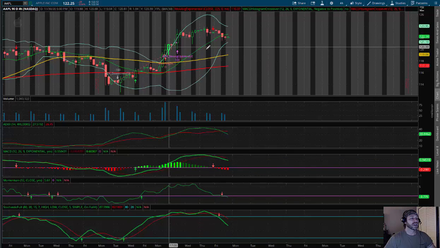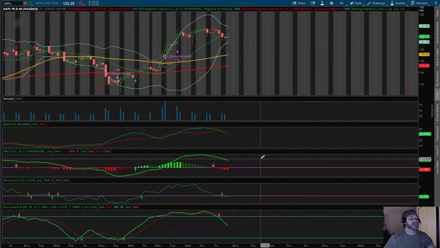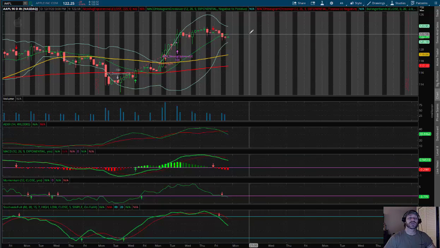It can go as low as this 50, and then we get a positive turnaround on the MACD. Then we have a signal to continue going long.